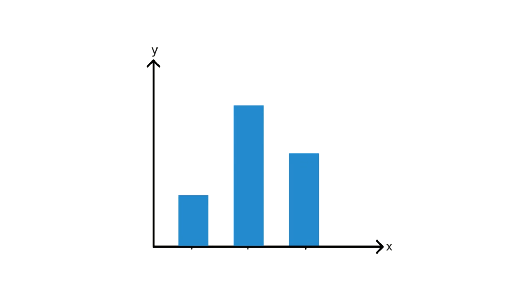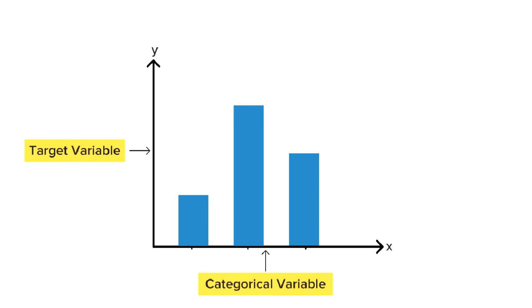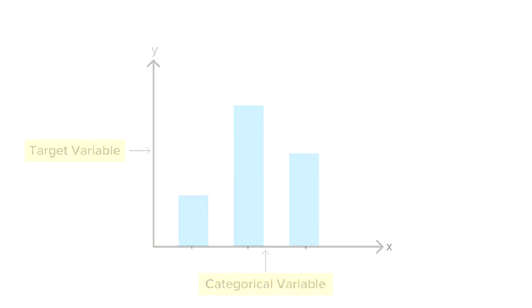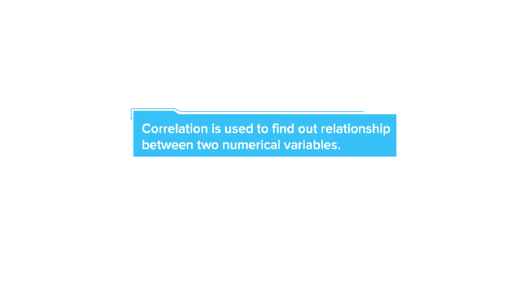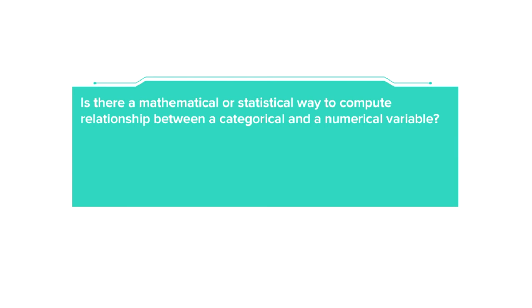So this was about visual representation of the relationship between a categorical variable and a target variable, which is numerical in nature. Now you must be wondering that, just like we had studied correlation in the previous topic to find out the relationship between two numerical variables, there exists a mathematical or statistical way to compute this between a categorical and a numerical variable also.